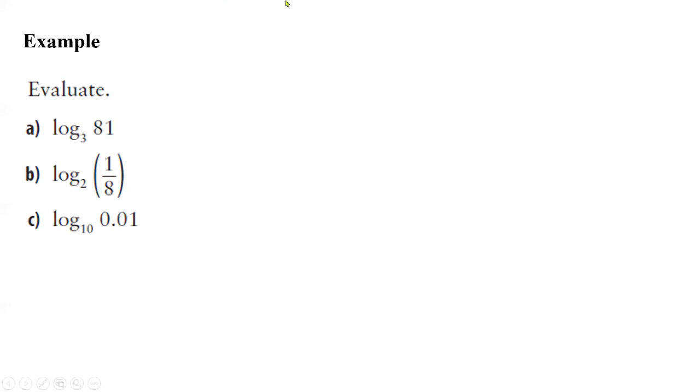All right, let's have a look at these questions. Okay, question A. The log base 3 of 81, because you know that 81 is just 3 raised to the power of 4, right? So the log base 3 of 81 is 4.